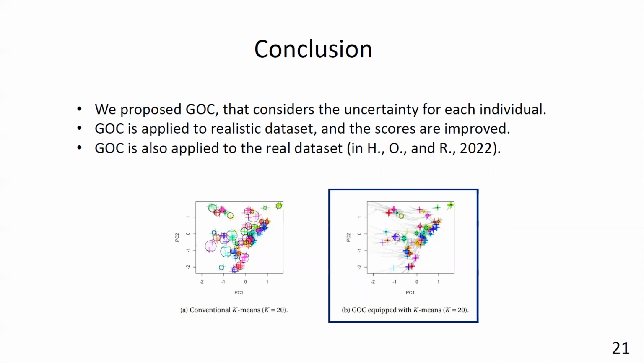GOC is also applied to a real-world dataset already. The result of the application to the real-world dataset is shown in our subsequent study collaborated with Dr. Hattori and Dr. Rodler.